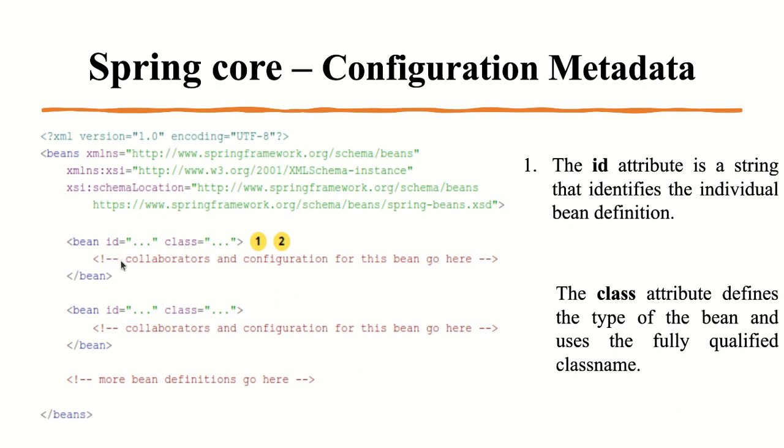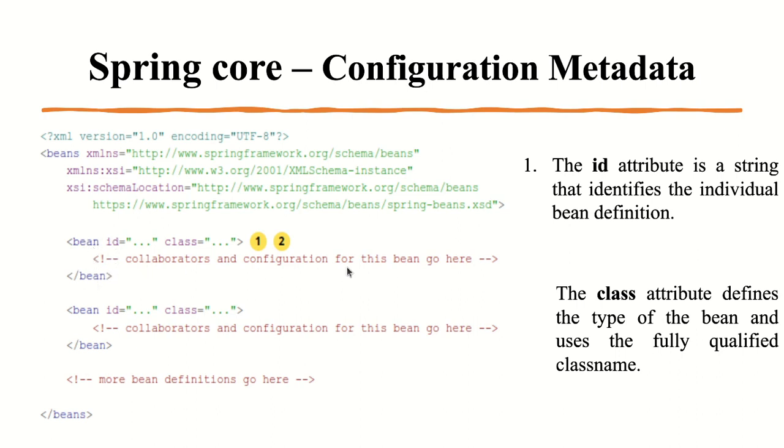The id attribute is a string that identifies the individual bean definition. It is going to create an instance based on that particular id, and it is a unique name used to identify a particular bean. And in class, you specify the package name with the class name, that this is the bean class we are going to use.